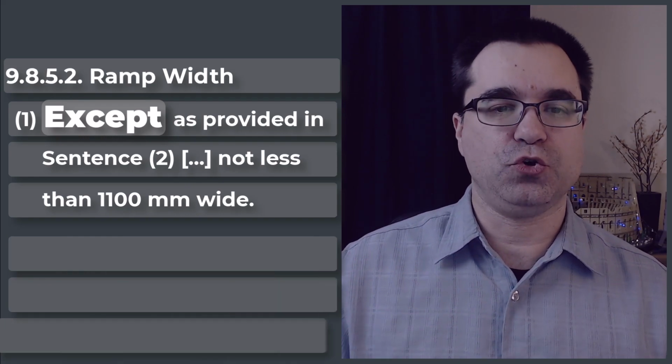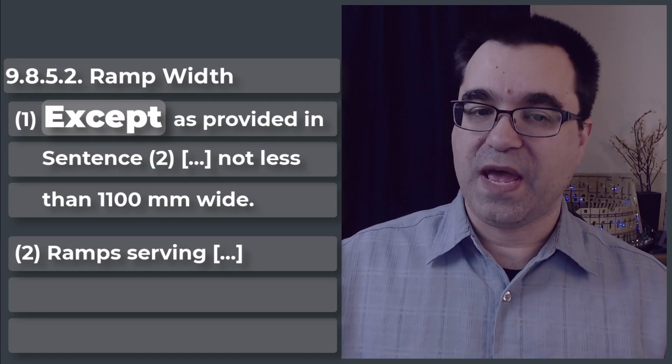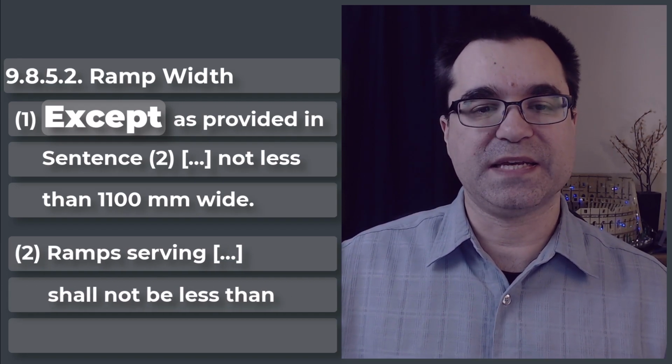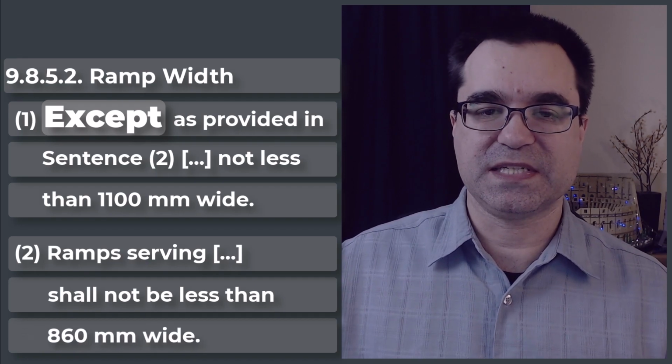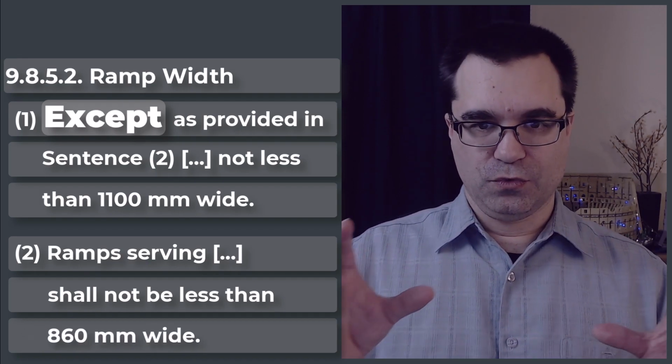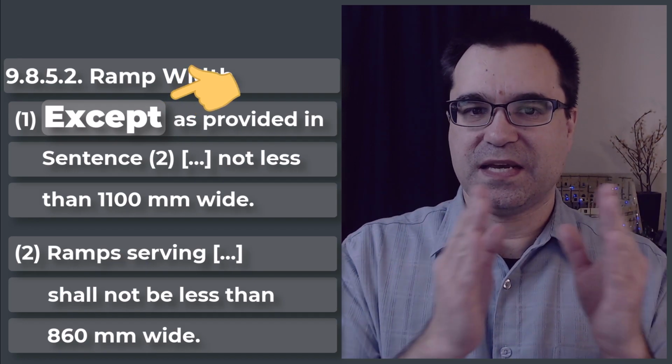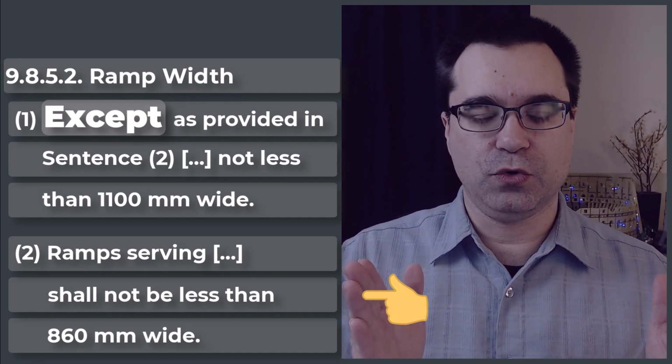And then in sentence 2, it reads, ramps serving a house or individual dwelling unit shall not be less than 860 millimeters wide. So the way you see it here, you see how the word except is right at the start of the sentence and it identifies sentence 2?